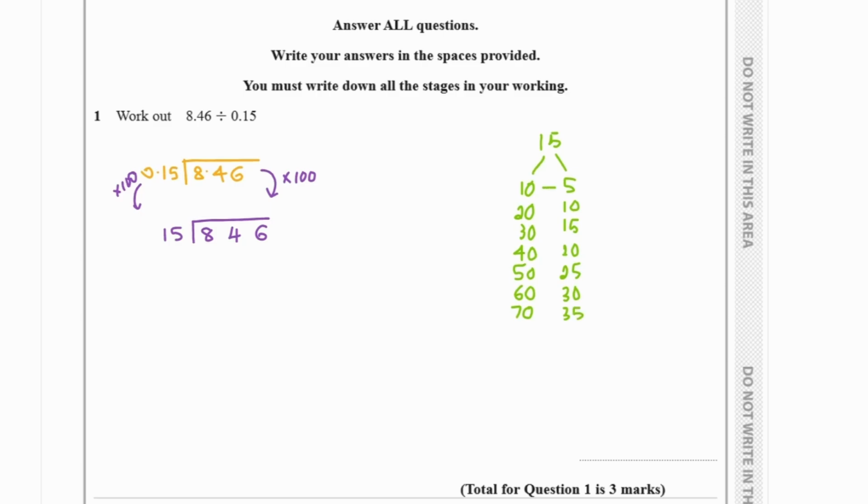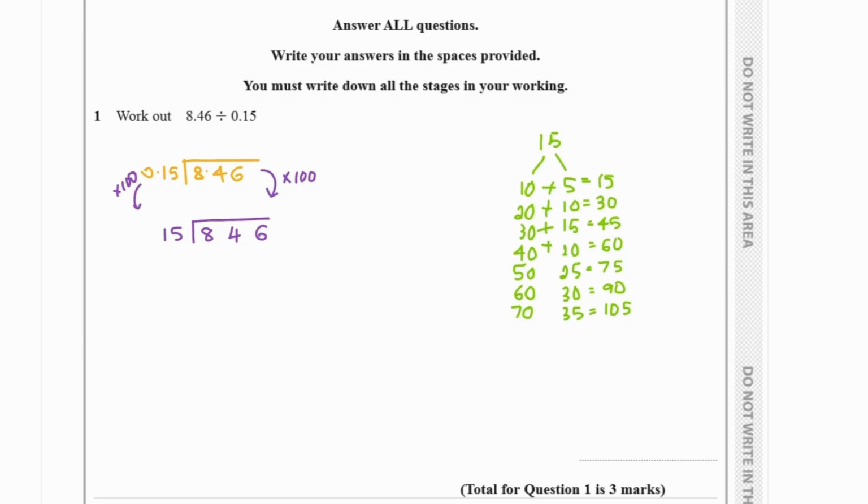To get the 15 times table, what we then need to do is just add both of these. So the first one would give us 15. We would then have 30, 45, 40 plus 20 is 60, and 50 plus 25 is 75, 60 plus 30 is 90, and 70 plus 35 is 105.